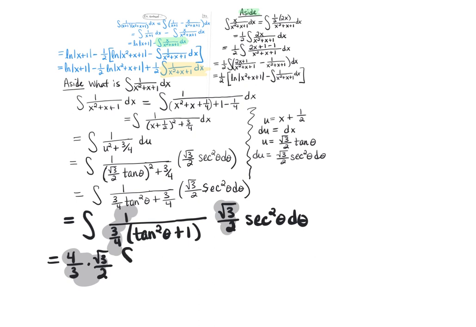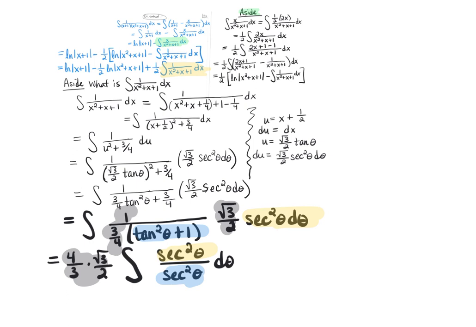And then times the integral of secant squared theta over secant squared theta d theta. So notice that this is secant squared theta and this secant squared theta is that. Well, now we're smooth sailing, right?